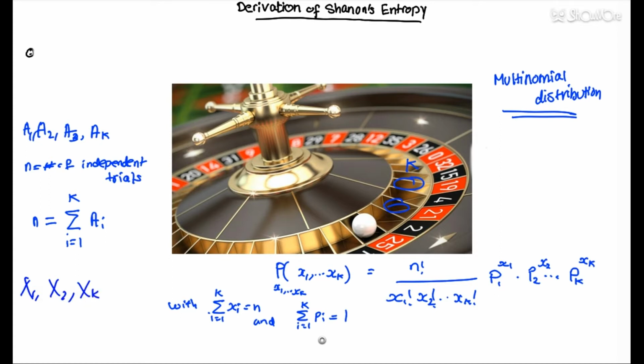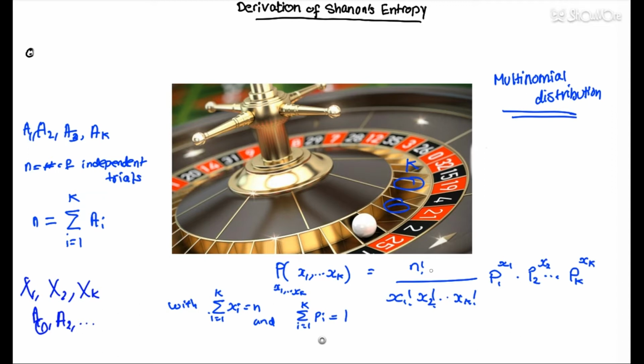These are known as the random variables, and the occurrence in our case is a: the first occurrence for outcome number 1, and the second occurrence for outcome number 2, and so on until we go to k. The number of independent trials is the summation of all the occurrences.